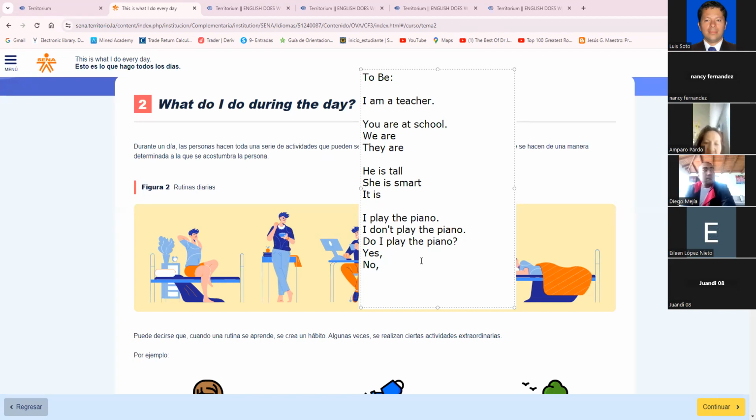Remember, capital letter for the pronoun I. Recuerden, el pronombre I va siempre en mayúscula, siempre. Así esté en la mitad de la oración, al final de la oración o al principio de la oración, siempre va en mayúscula. Yes, I do. Respondemos con el auxiliar. No, I don't. Esto es un repaso de lo que vimos la vez pasada. Simplemente construyendo conocimiento sobre conocimiento.